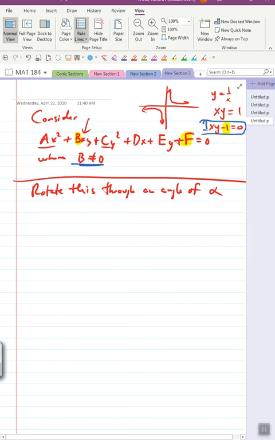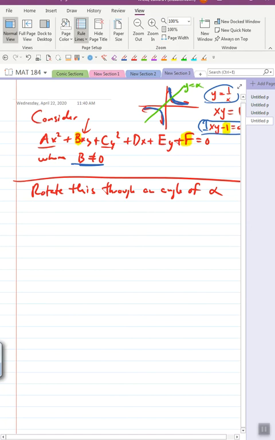So in this example, this is a hyperbola, isn't it? y equals 1 over x is a hyperbola. At least it looks like the thing we're calling a hyperbola. Except where is the focal axis for that hyperbola? It's y equals x.